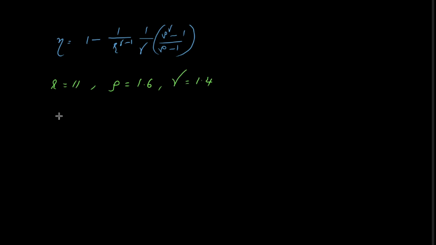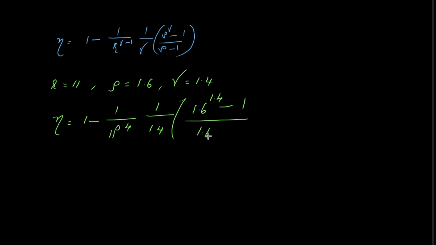If you substitute that, eta is equal to 1 minus 1 divided by 11 raised to gamma minus 1, that is 0.4, times 1 by 1.4, times 1.6 raised to 1.4 minus 1 divided by 1.6 minus 1. So we obtain 0.5753. So our efficiency eta is equal to 57.53%.